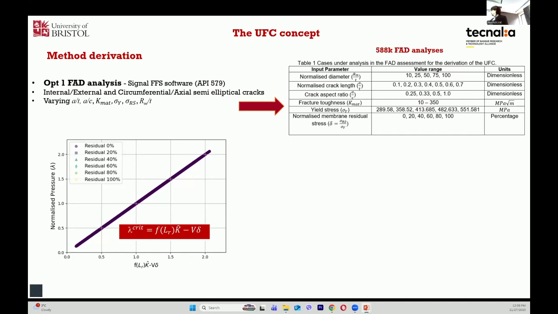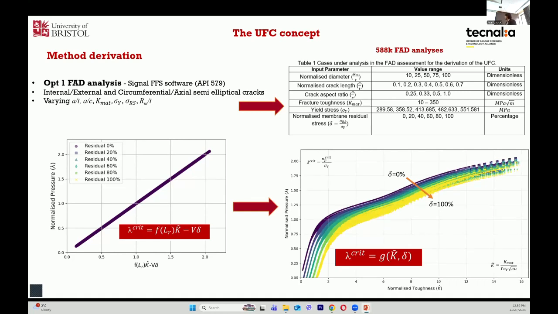What we did, in simple terms, we just removed this term from the equation. And now we have, for the 5 different levels of residual stresses that we tested, the primary stress as a function of the normalized toughness for the given values of residual stresses.